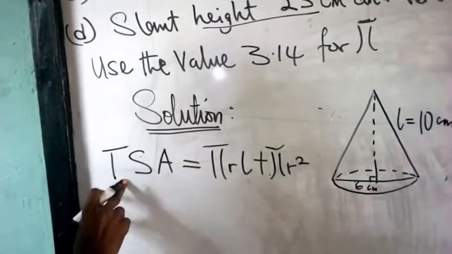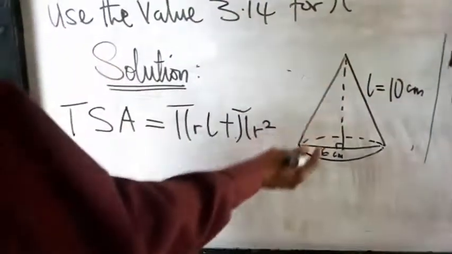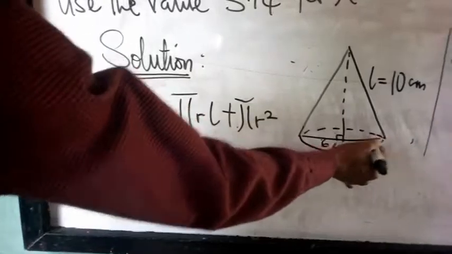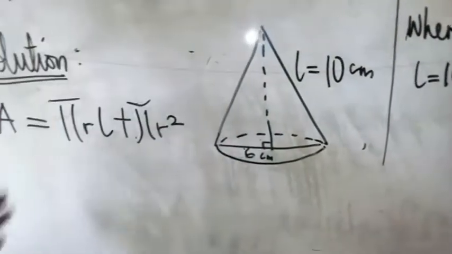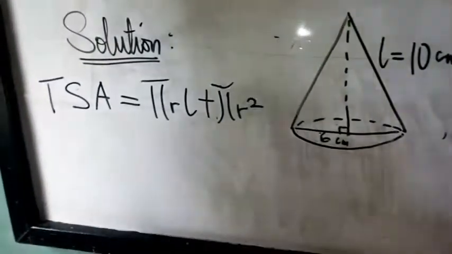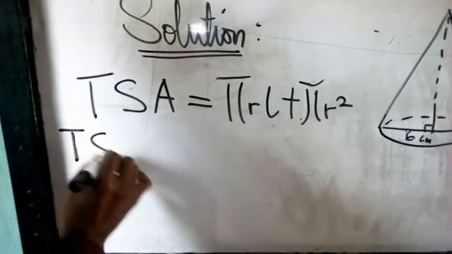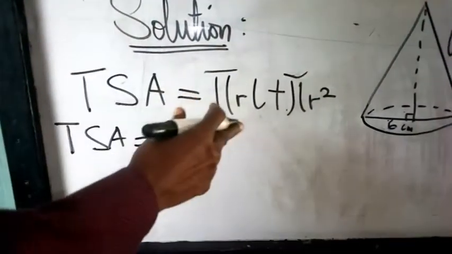Look at the total surface area. The formula is here, and then look at the cone here. The base radius of this cone is 6 cm. Slant height is this. Then what is the total surface area? So TSA here is equal to this one.